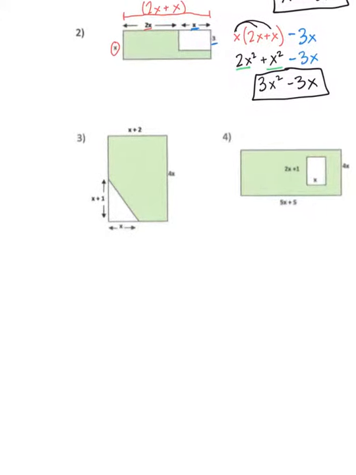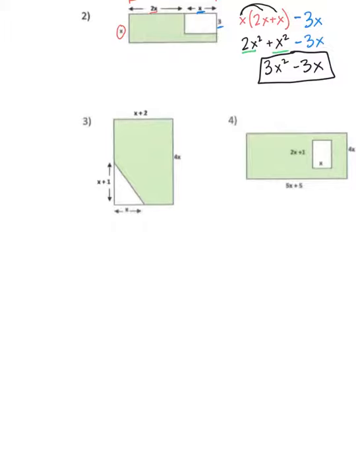Okay, let's look at number 3. I'm going to start with the area of the whole shape. So that would be my whole big square or rectangle. And the length is x plus 2 and my width is 4x. So length times width gives me 4x times x plus 2. Then I need to subtract the area of my hole.